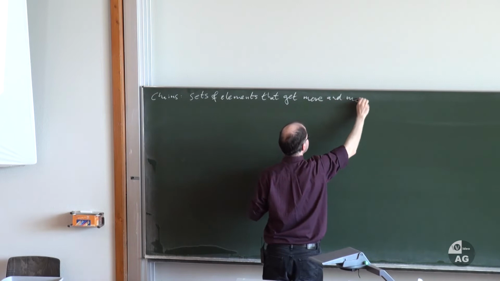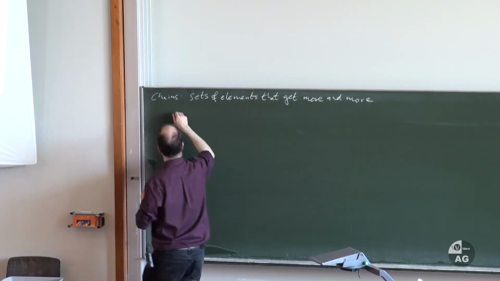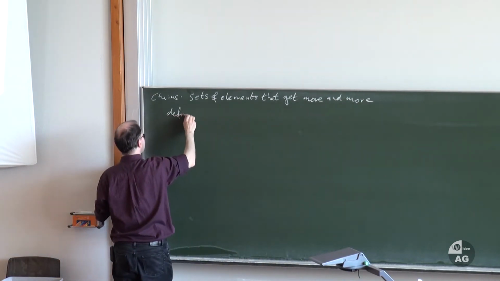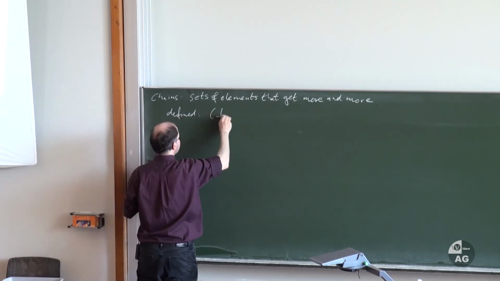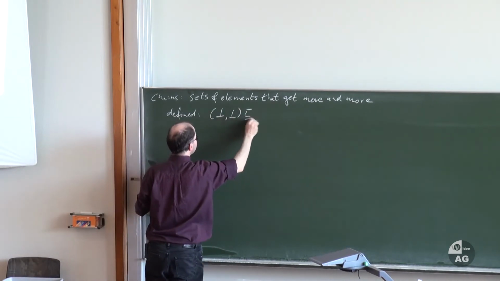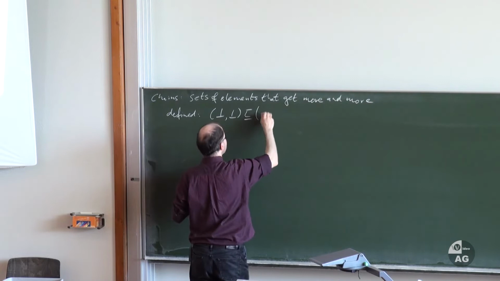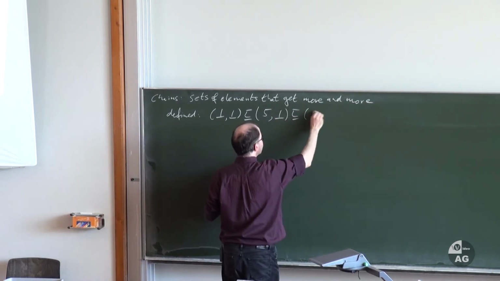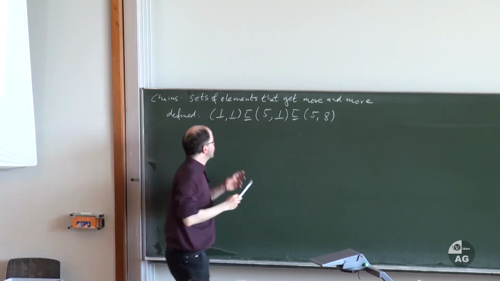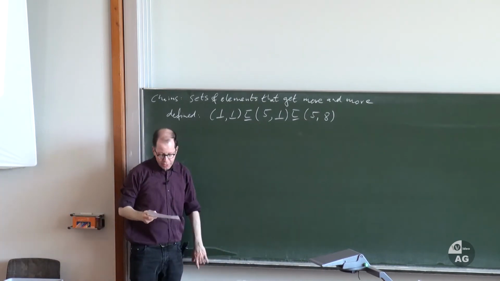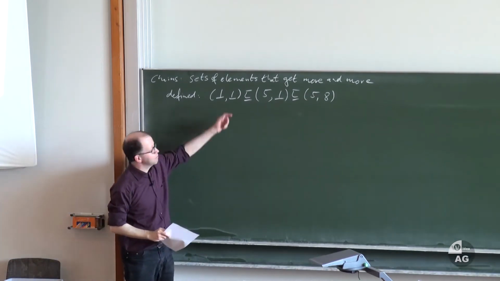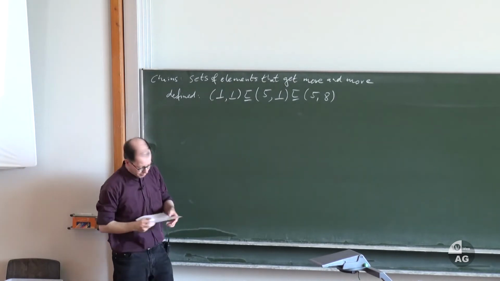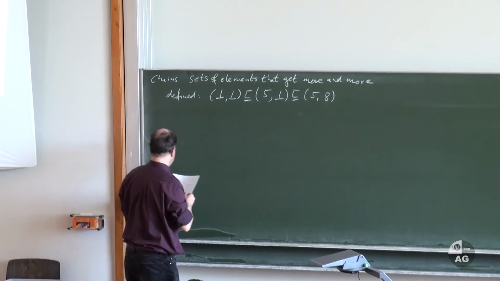So for example, something like bottom, bottom, and then we replace one of these bottoms by a concrete number, and then we replace the other bottom by a concrete number as well, and you can see that we get more and more defined. And in general, these chains may be infinitely long, and we will see an example of this in a minute.